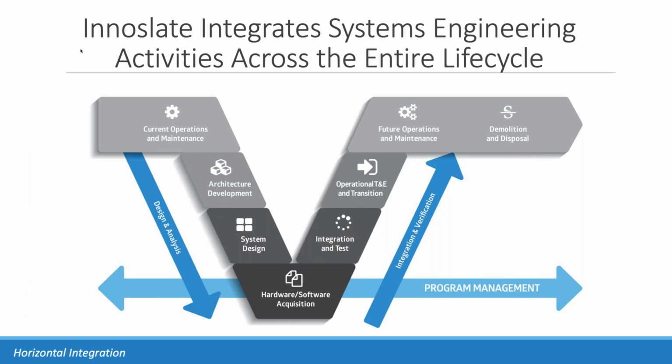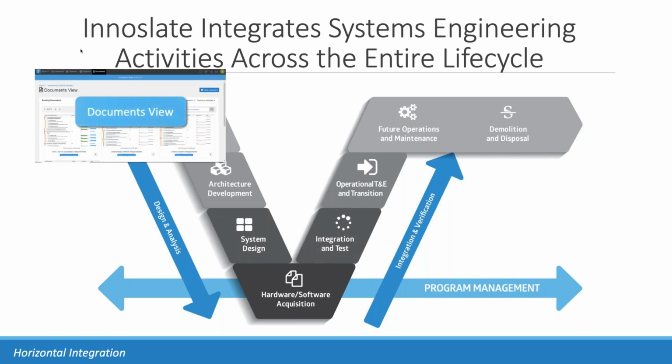So Innoslate implements it. I had actually implemented it in another tool before we built Innoslate, so it can be put in other places. LML isn't unique to Innoslate, but we've done a lot with it. First of all, we've focused a lot on documents view.